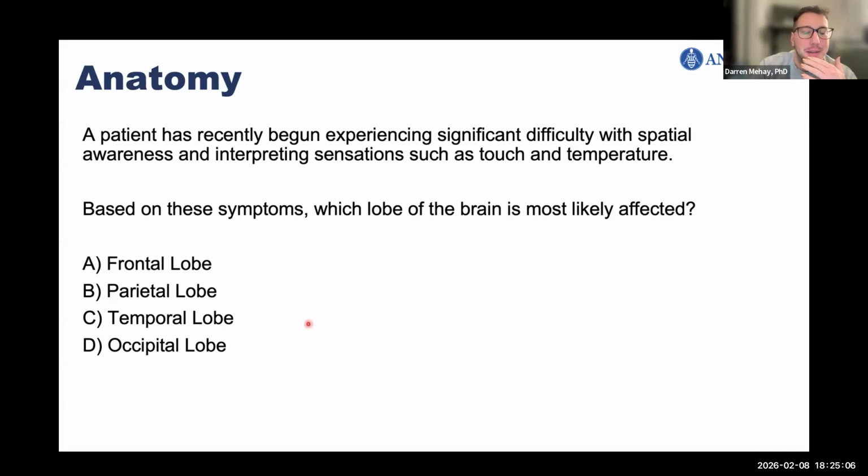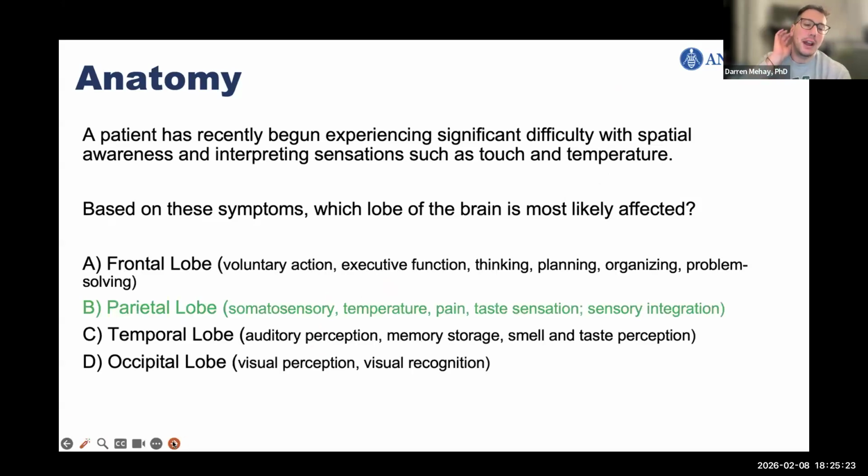Okay, that was pretty simple. Experiencing difficulty with spatial awareness and interpreting sensations such as touch and temperature is going to be the parietal lobe. Correct, everybody. The frontal lobe is more executive function, voluntary actions, planning, thinking, whereas the parietal lobe is somatosensory: temperature, pain, taste sensation.